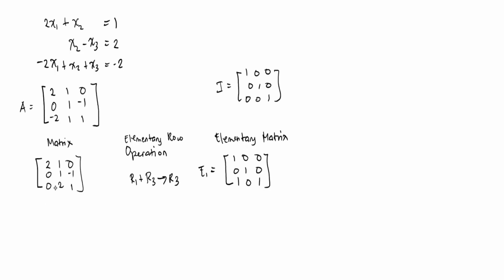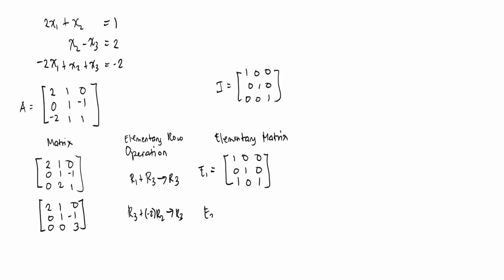And next, we want this to be 0. So we multiply row 2 by -2, and then we add to row 3. So row 3 plus -2 times R2 gives the new R3. That's 2, 1, 0; 0, 1, -1. This becomes 0 now. Multiply by -2, so that's +2 plus 1, which becomes 3.